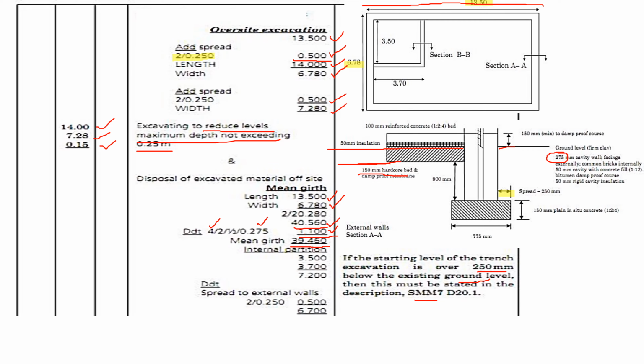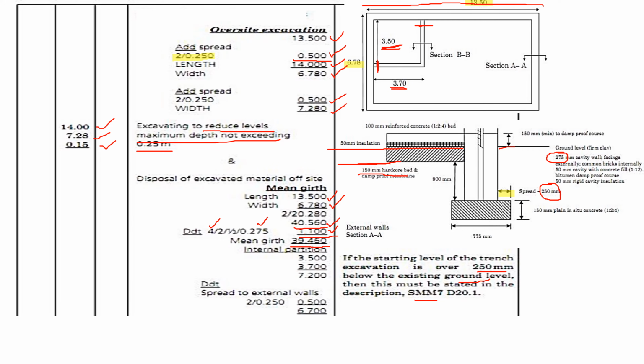What is the mean girth for the internal partition? For the internal partition, we shall take the length 3.70 and the width 3.50. Then remember that the external walls have a spread, so it will be up to here, and the spread will be up to there. So the spread is 250 millimeters.